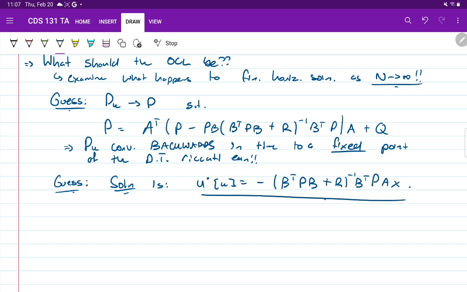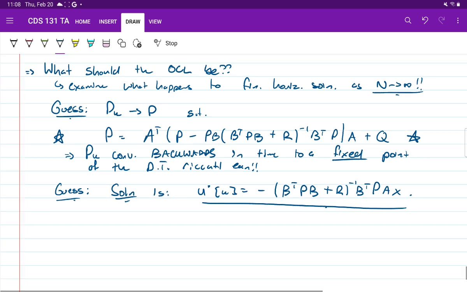So this is our standard finite horizon solution, just with this fixed point P plugged in instead of our standard Pk plus 1, because the Pk plus 1's are going to converge for any finite value of k. So we have some matrix P, which comes out of this equation over here, and based on that equation, our optimal control law will be the static state feedback control law.